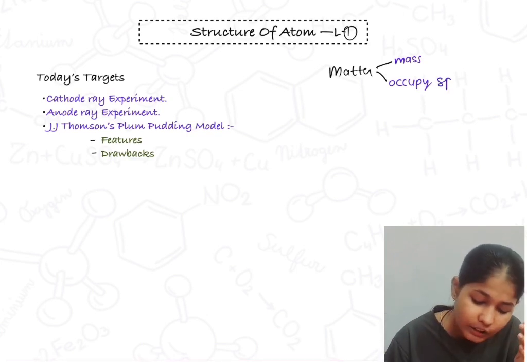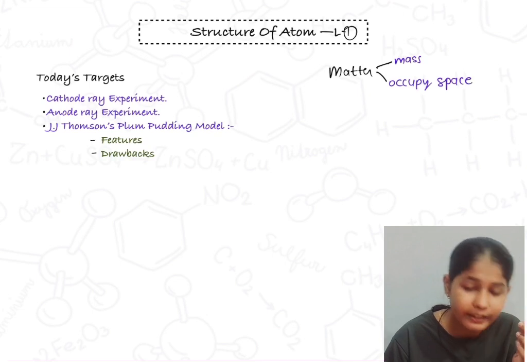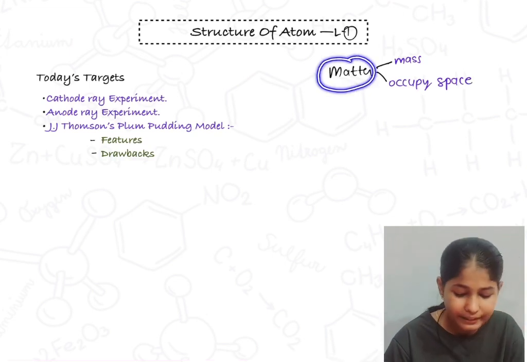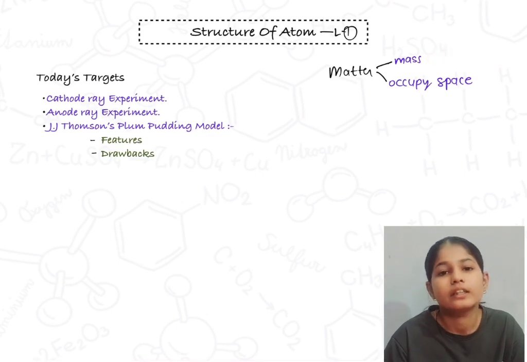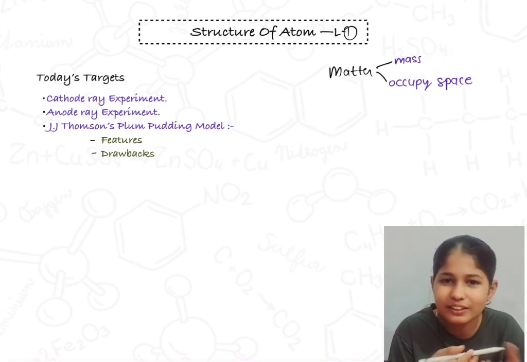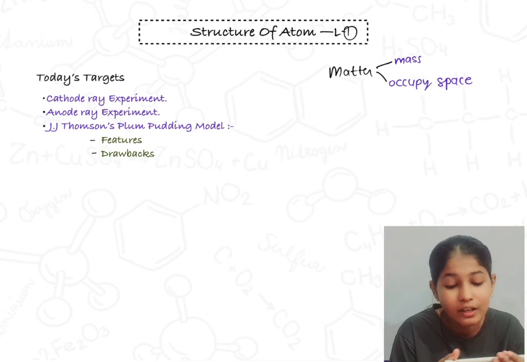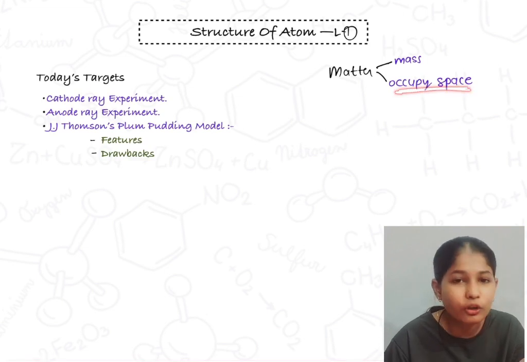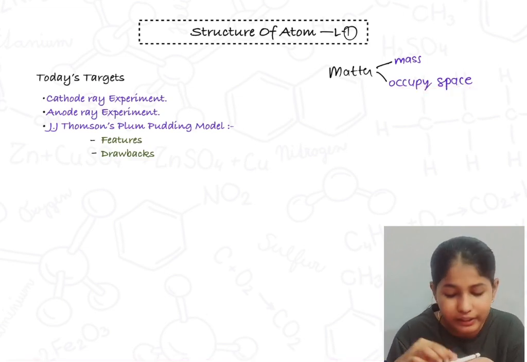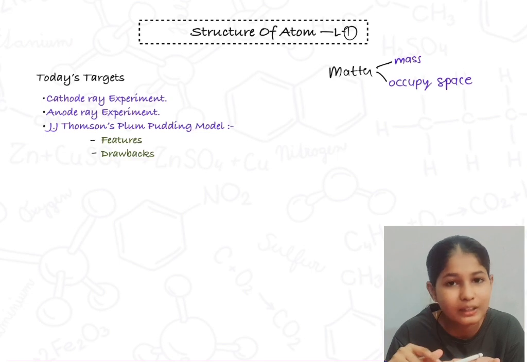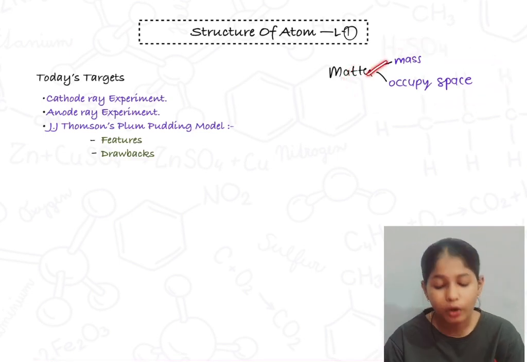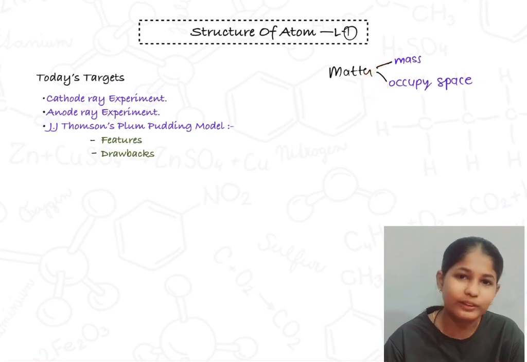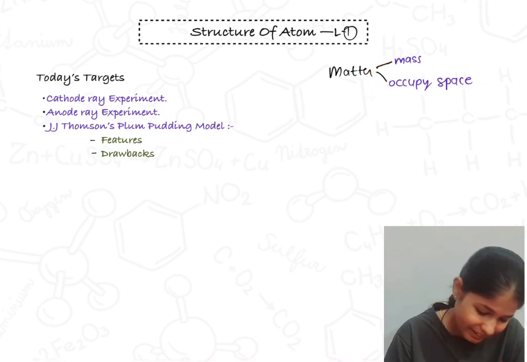Because it is fulfilling both criteria of matter. What are those criteria? Yes, the first is mass. Does it have mass? Yes, of course it has mass. Then is it occupying space? If I put this on my hand, it is occupying some space for itself. So it is completing both criteria of matter, so this pencil is simply matter.